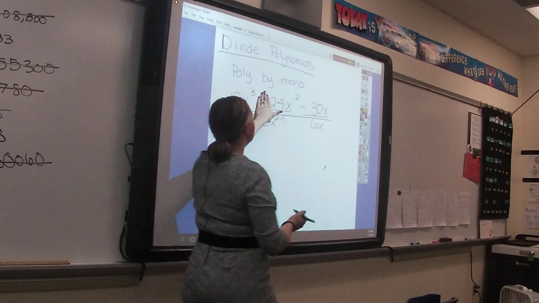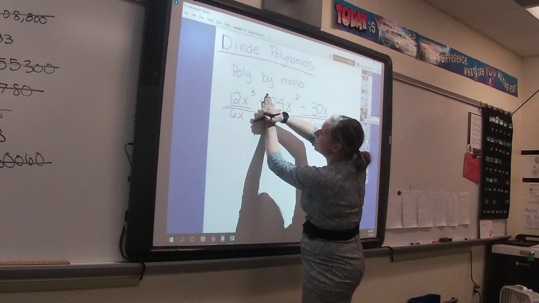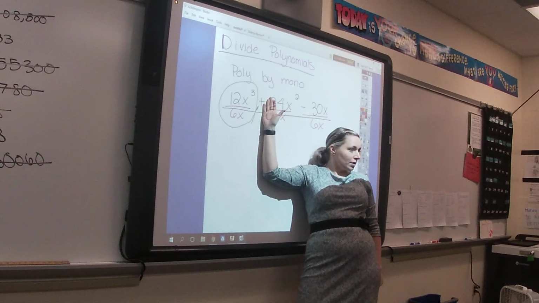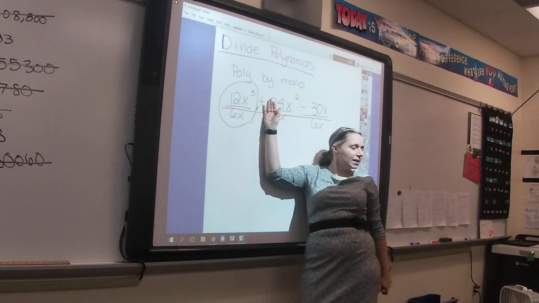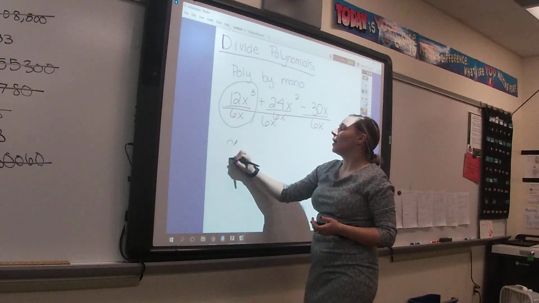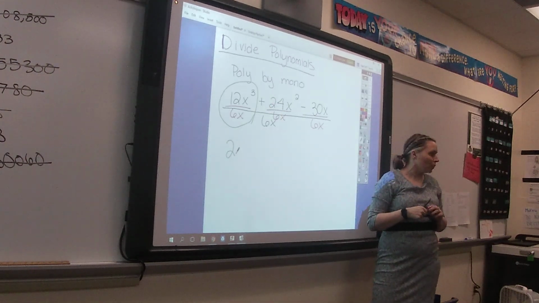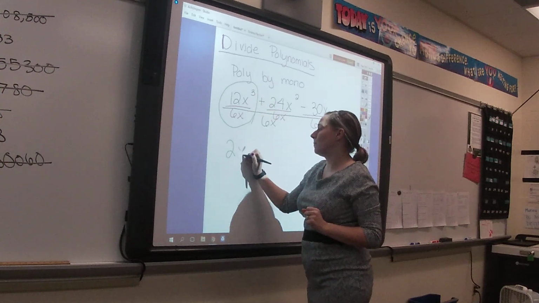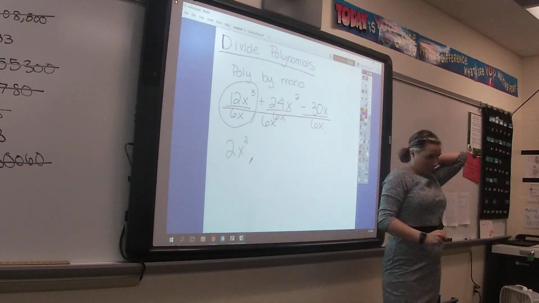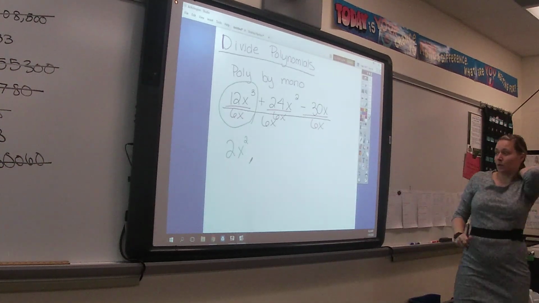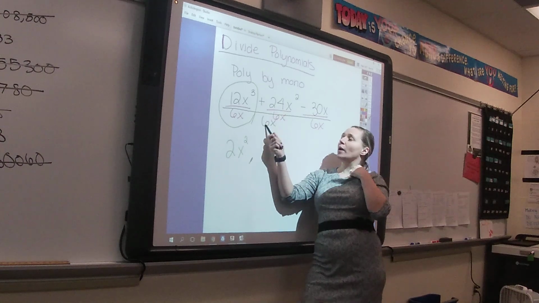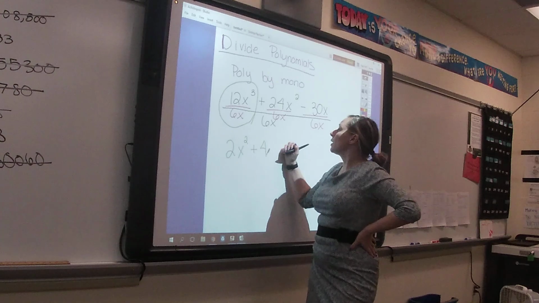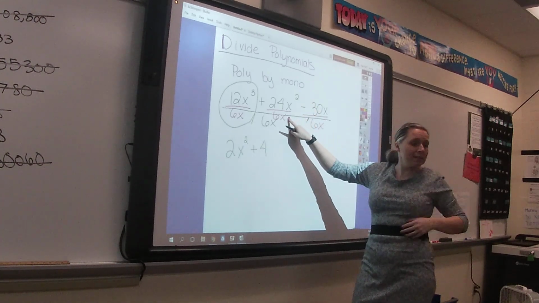And then we will just look at them as individual pieces and divide by the rules that we already know. So 12 divided by 6 is 2. And when we divide, what do we do with exponents? Subtract. So 3 minus 1 is 2. Positive 24 divided by 6 is 4. 2 minus 1 is 1.